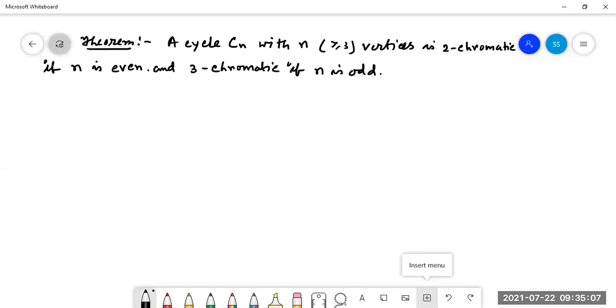A cycle Cn with n vertices, obviously n greater than or equal to 3, is two chromatic if n is even and three chromatic if n is odd.